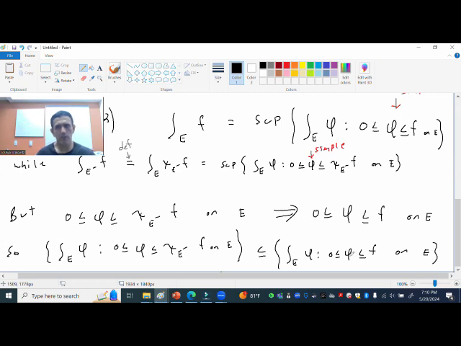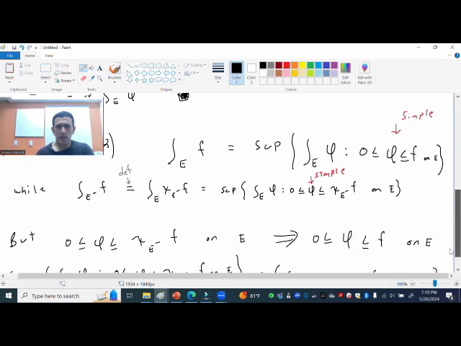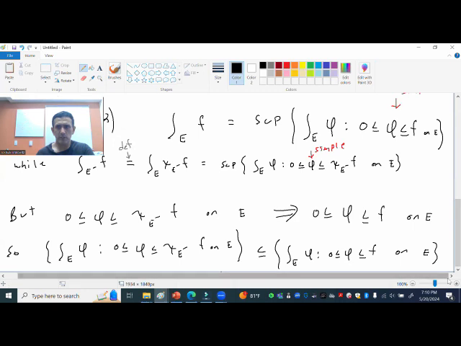Again, looking at all simple functions var phi here and here. So yeah, again, take one of these integrals. We'll just use the same var phi, because any var phi here satisfies this condition here. Okay. All right, so that's half of this. So let's prove the other half. The other half is easy, but a little more involved.